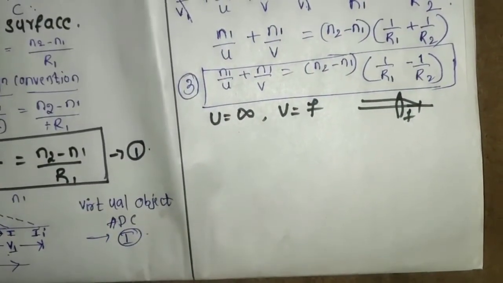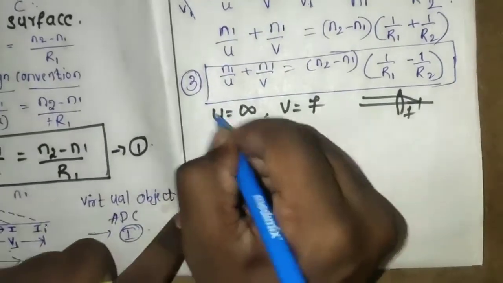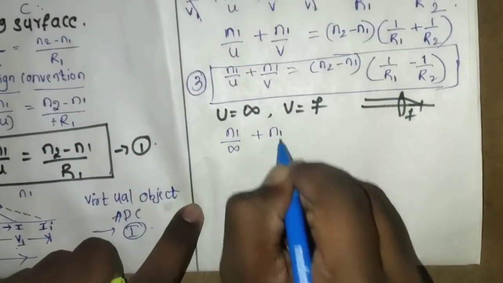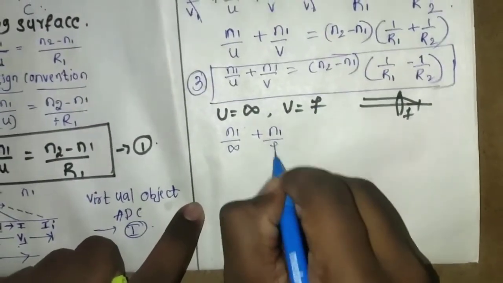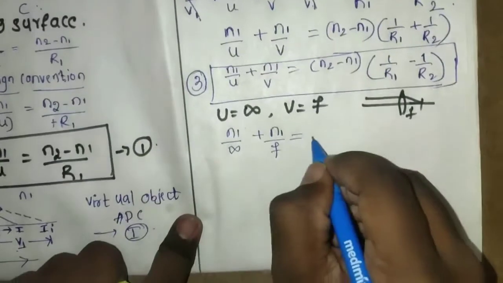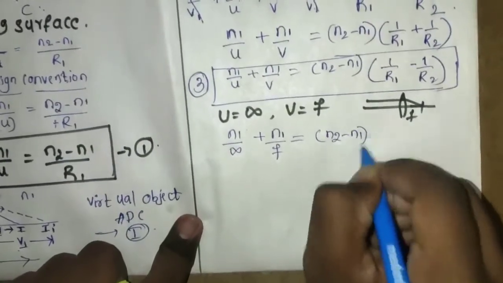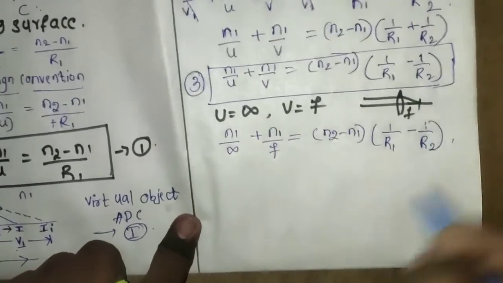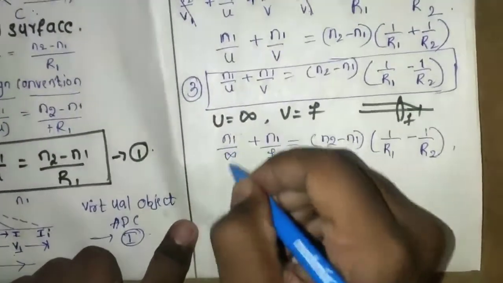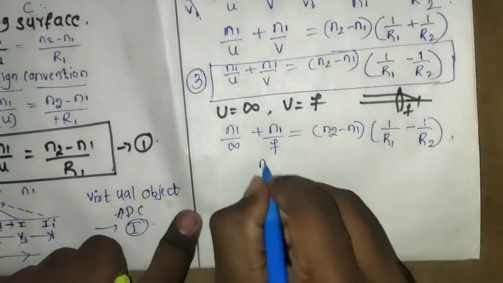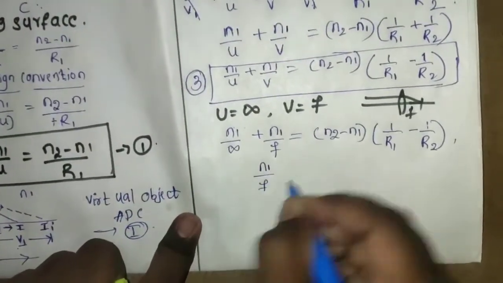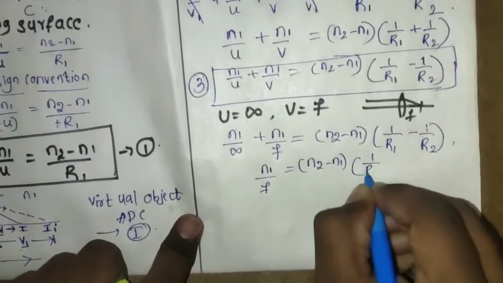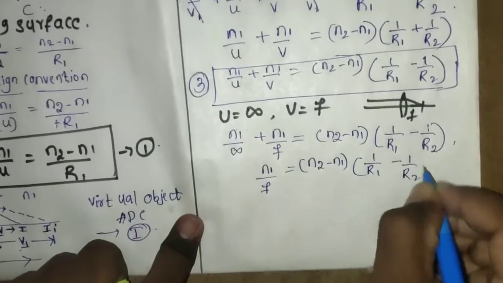By taking this assumption, I will write n1 by infinity plus n1 by v, where v equals the principal focus, equals to n2 minus n1 into bracket 1 by r1 minus 1 by r2. 1 by infinity is 0, and the remaining is n1 by f equals to n2 minus n1 into bracket 1 by r1 minus 1 by r2.